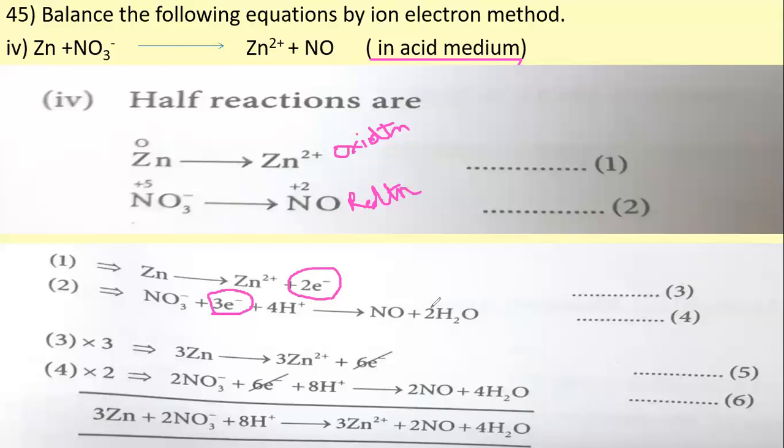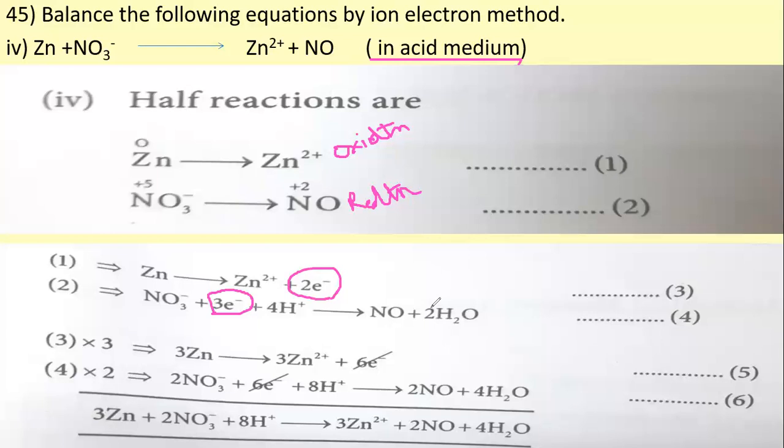So to make it common, we have to multiply with a suitable number to get a common number. So 2 multiplied by 3 will get 6 and 3 multiplied by 2 means we get 6. So now we are having equation 5 and equation 6. After multiplying the respective number, the 6 electrons get cancelled.